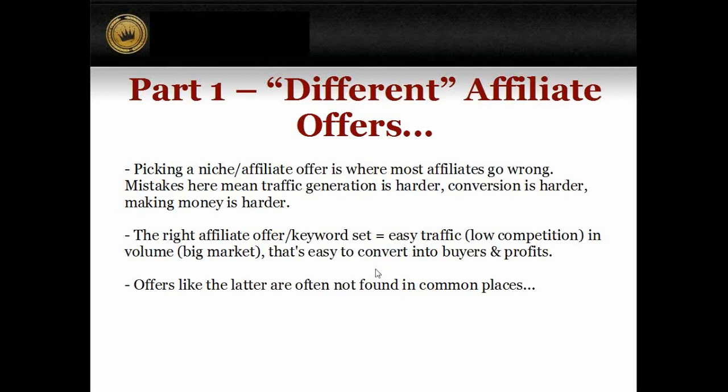So offers like that aren't found in common places. If you want to come across a market like we're talking about in point 2 here, you need some systematic way of doing that. Those offers and those niches aren't just going to present themselves. If they just presented themselves, then all affiliates would be all over them all the time, like the ClickBank marketplace. So you need a way to find them.